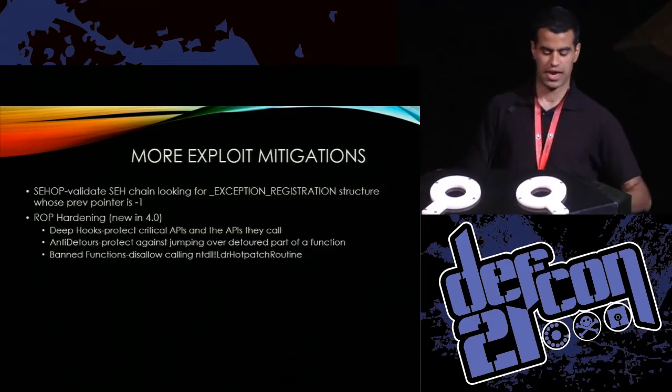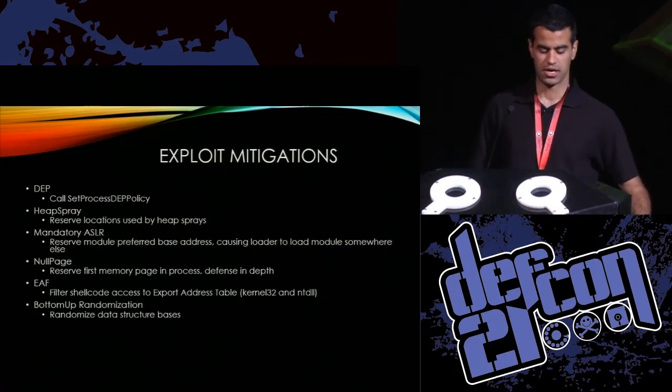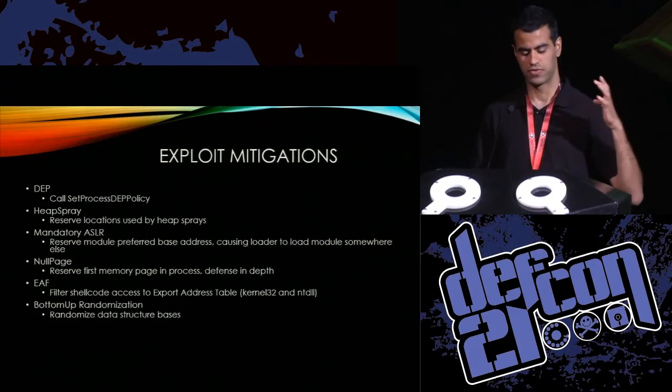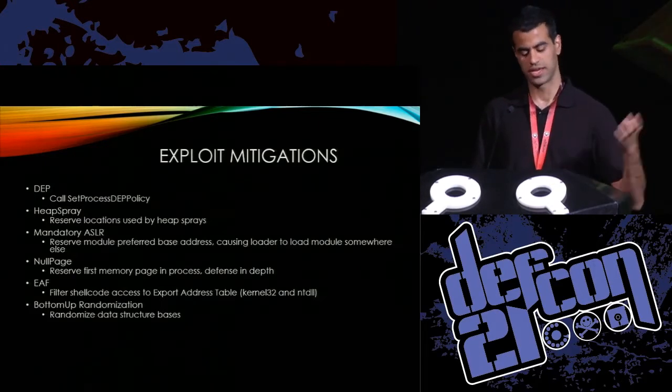And ban functions, where we disallow, specifically in this release, calling NTDLL's LdrHotPatchRoutine, and that's thanks to Yang. We have the heap spray mitigation, which reserves, not commits, virtual addresses that are commonly used by heap sprays. So it reserves it using those APIs.